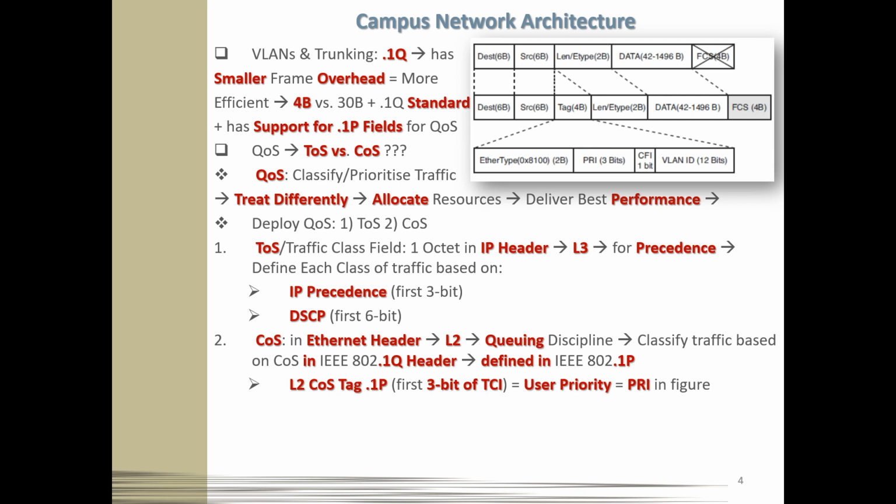So if they are speaking of type of service bits, be careful not to confuse that with the type of service byte. At the end of the day, it's one octet, one byte consisting of 8 bits.